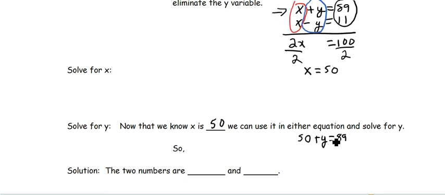If you see up here, x plus y is 89. I know that x is 50, so I just plug that in. So I can subtract 50 from both sides. I get y equals 39. So the two numbers are 50 and 39. Let's get some more practice with that.